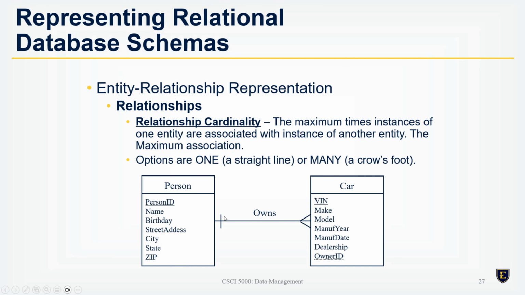So this is represented by a straight line meaning one. So a car is owned by one person, and a person owns many, which is called a crow's foot, many cars. And you have to read it in both directions. If you read it from person to car, it's person owns many cars. If you read it from car to person, a car is owned by one person.